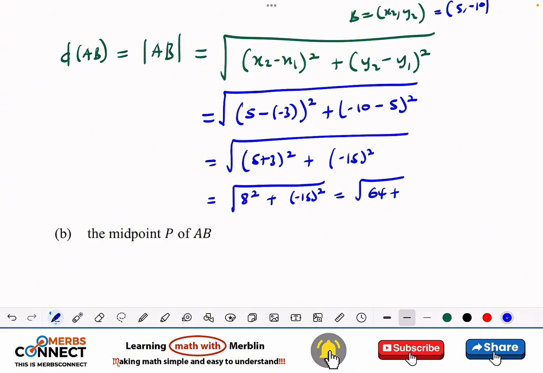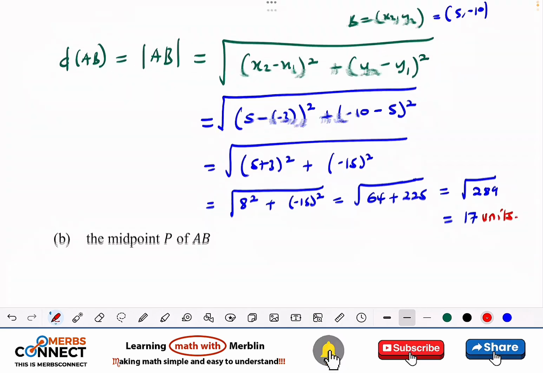I think so, but let me confirm it. Okay, 225. Yeah, I did it. So 225, and then when I add it to 64, I'm going to have the root of 289, and I think the root of 289 is 17. Don't forget to add your units to it.